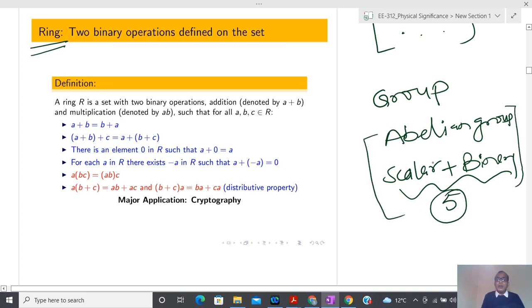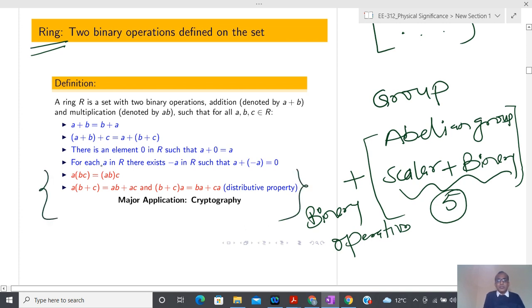Now on top of that, I am going to add one more binary operation, and you can see how a ring is different from a group. Here I have these two properties. Associativity is there with respect to the multiplication kind of operation, and several times I have repeated that multiplication doesn't mean classical multiplication.